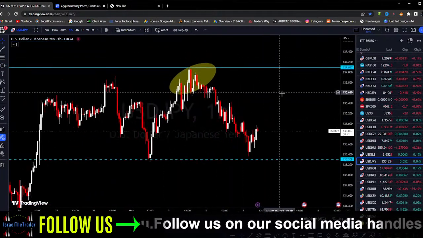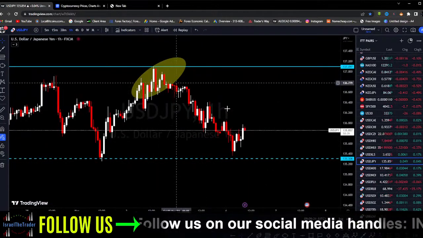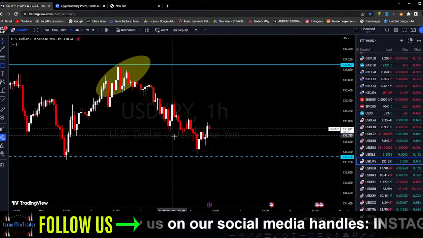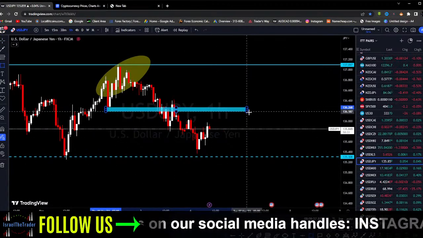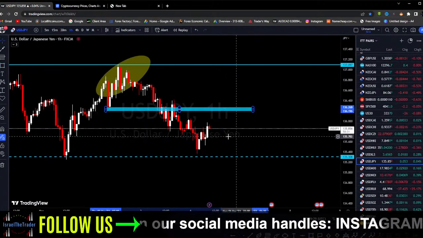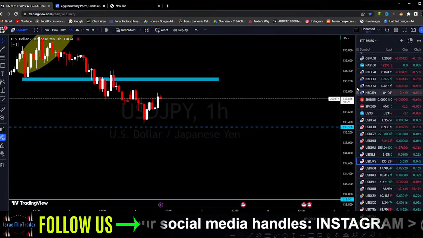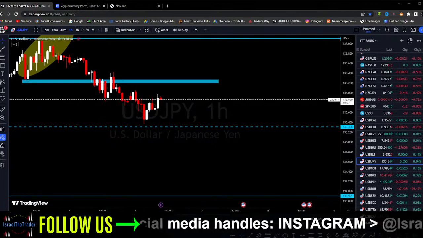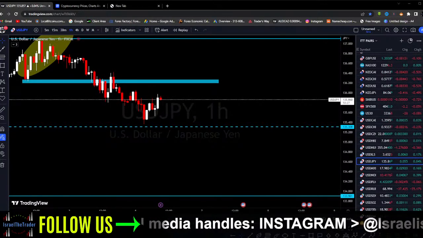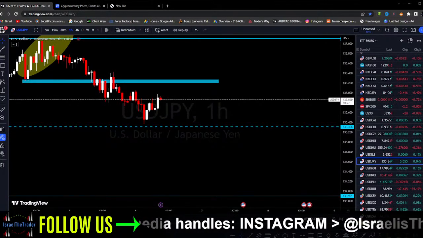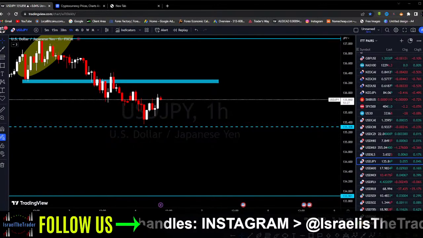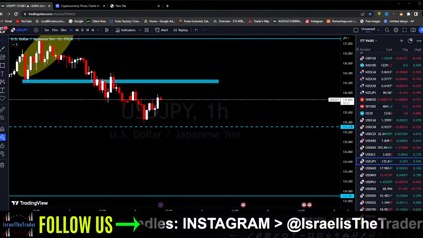For the fact that we are not able to get in right at this point, if it's me, I would rather wait for it to come back up again for another retracement. Except if you are a short-term trader, or a scalper, definitely you can decide to trade it, just to have one or two pips, or let's just say 10-20 pips.